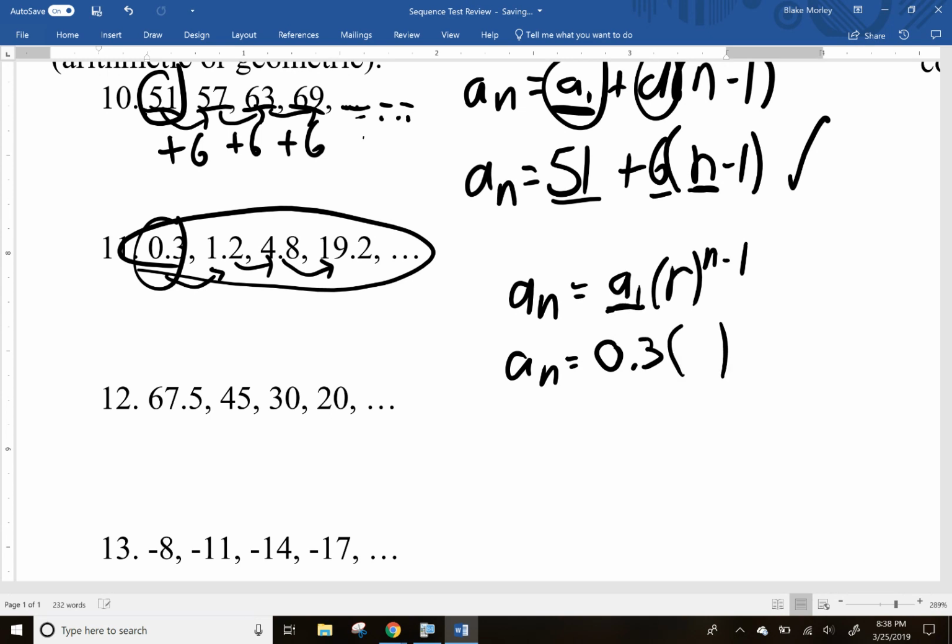And then r is a number that we're multiplying by. If you divide backwards, 19.2 divided by 4.8, 4.8 divided by 1.2, 1.2 divided by 0.3, you would find that the r value is 4, that we're multiplying by 4 every time. So since we're multiplying by 4 every time, that is the number that goes there. And then n minus 1 is just part of the exponent. Similarly, if I want to find the 51st term of this sequence, I would put 51 in for n and calculate it out, and it would give me my 51st term. But of course, that's not what I'm trying to do right now.